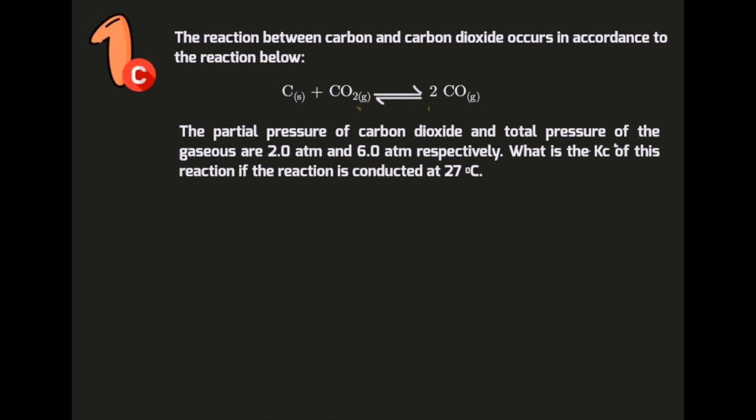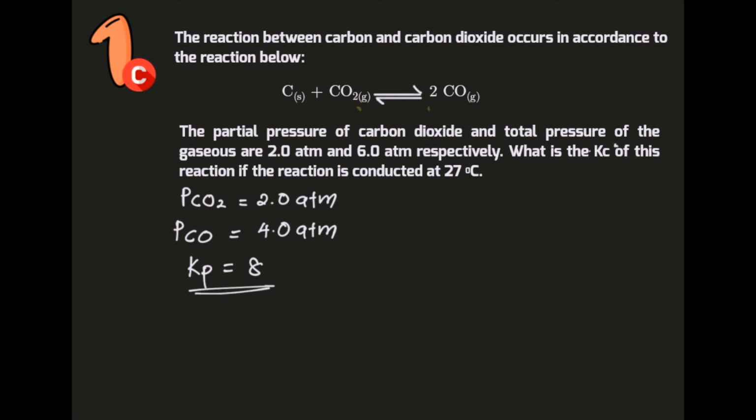Alright, let us recall what we have calculated just now. Given in the question, the partial pressure of carbon dioxide is equivalent to 2 atm. And you have previously calculated the partial pressure of carbon monoxide, which is equivalent to 4 atm, and also you already calculated your Kp is equivalent to 8. So from here we are going to move forward to calculate your Kc.